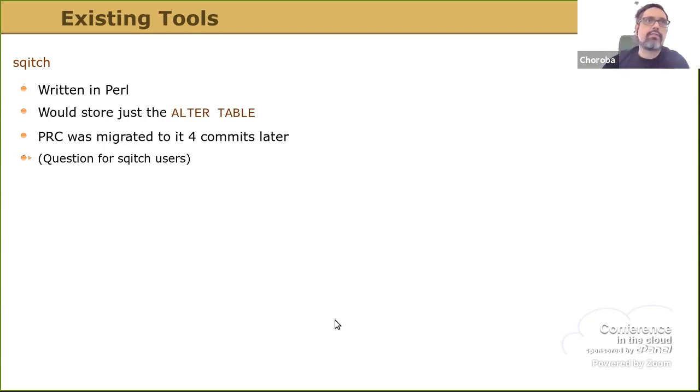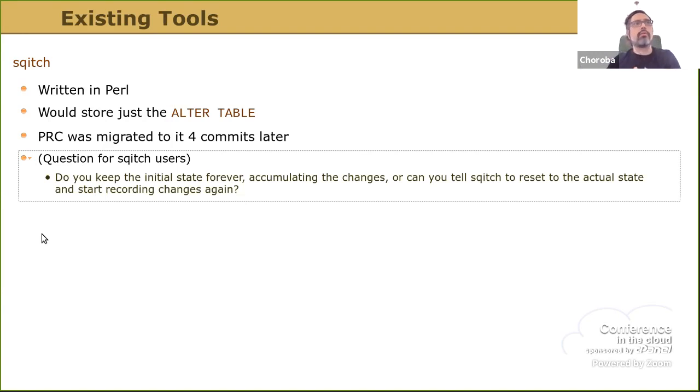I have a question here for Sqitch users, but it's not so important. So if someone knows, please let me know later. Whether you really keep the initial state forever and just make the list of alter tables and SQL statements longer and longer, or whether there is tooling for saying, okay, the actual state will be the initial one, and I'll throw away all the alter tables and we'll run again from there.